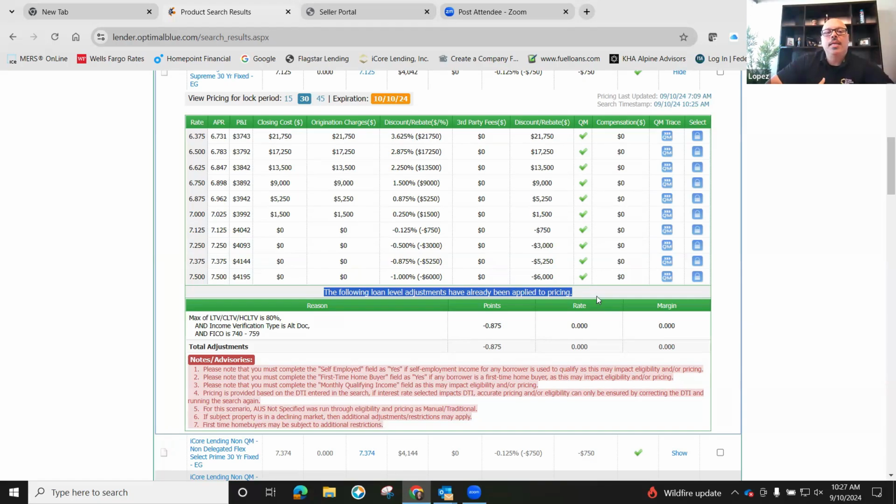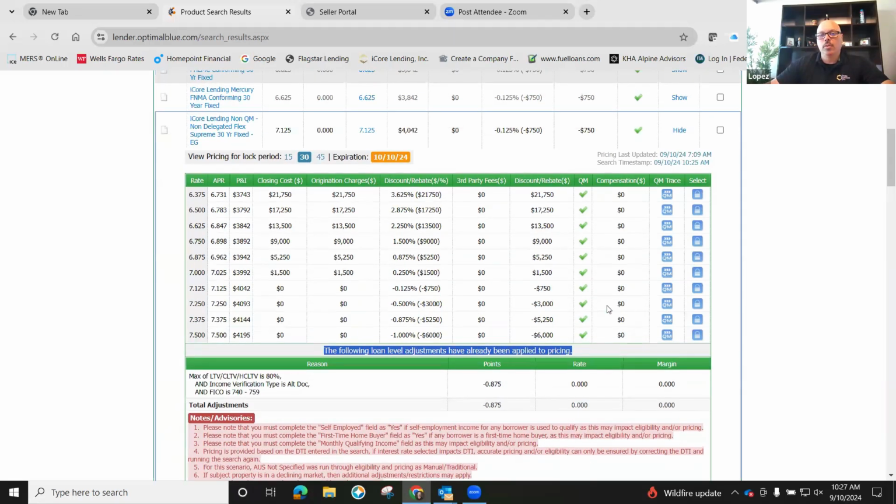A lot of times it's here. You put 740 in your search criteria, but your file actually only has a 725, so that's why it's got a different LLPA. Or you put that this is a single family residence when in Encompass it's actually a duplex or a triplex. So just something for you guys to think about when you're pricing out your non-QM loans.